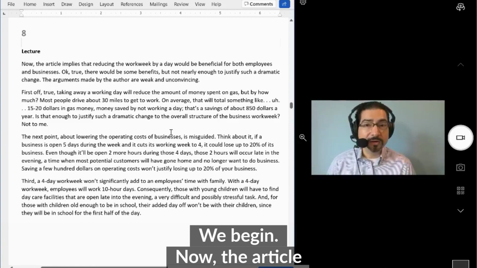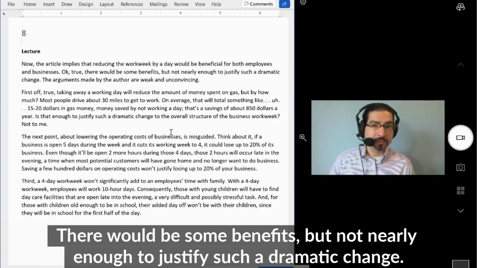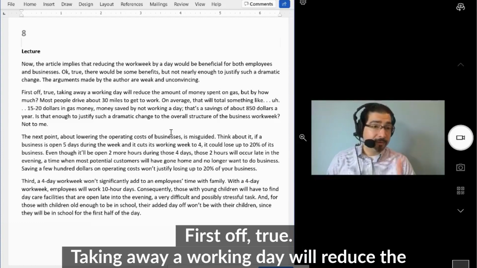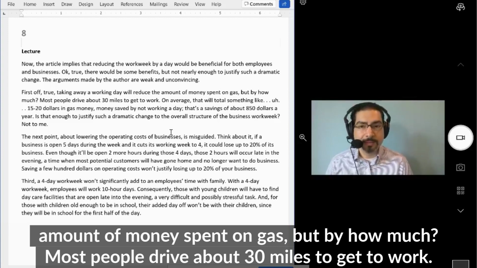Now, the article implies that reducing the work week by a day would be beneficial for both employees and businesses. Okay, true. There would be some benefits, but not nearly enough to justify such a dramatic change. The arguments made by the author are weak and unconvincing. First off, true. Taking away a working day will reduce the amount of money spent on gas. But by how much? Most people drive about 30 miles to get to work.